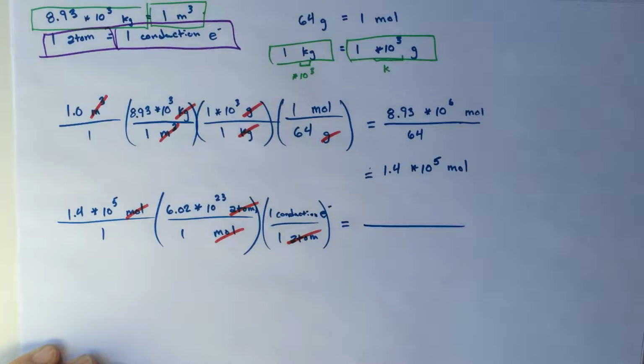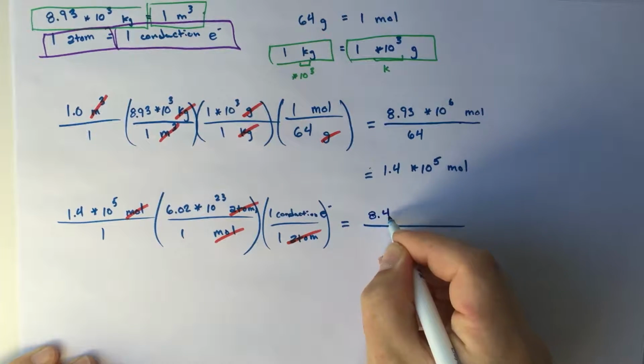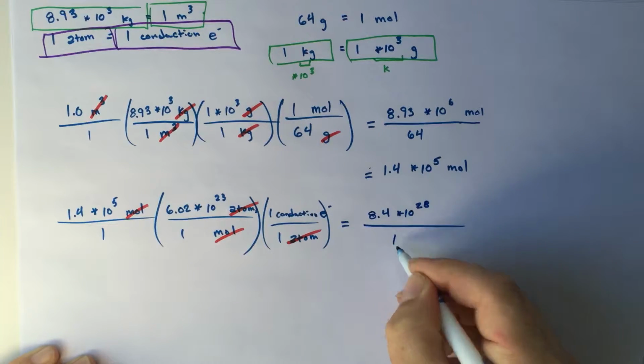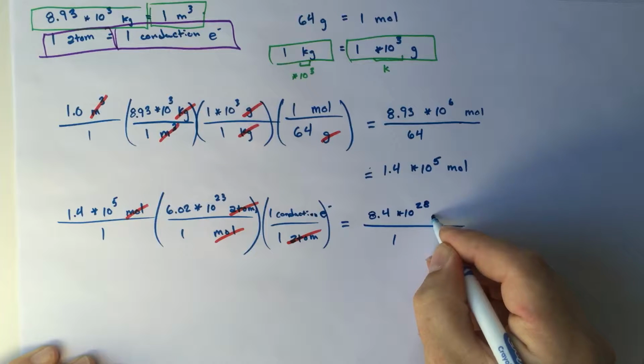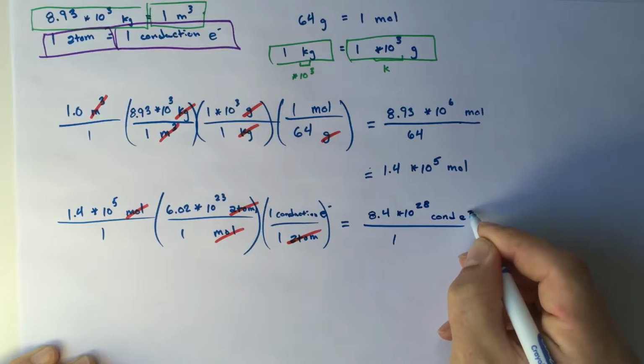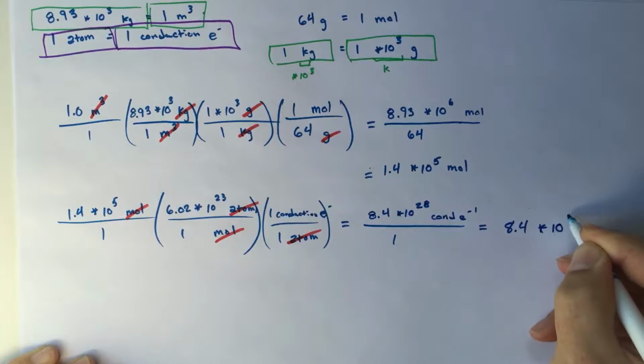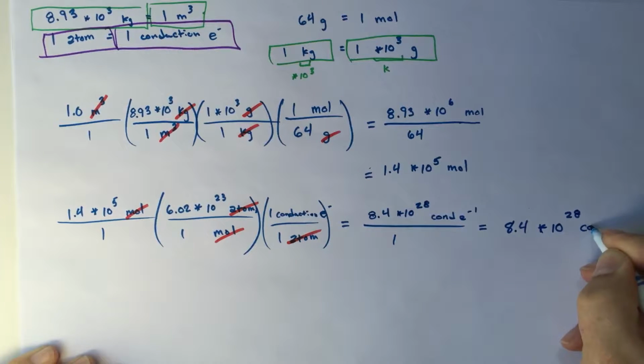That's going to give us, well, it's like 8.4 times 10 to the 28 conduction electrons.